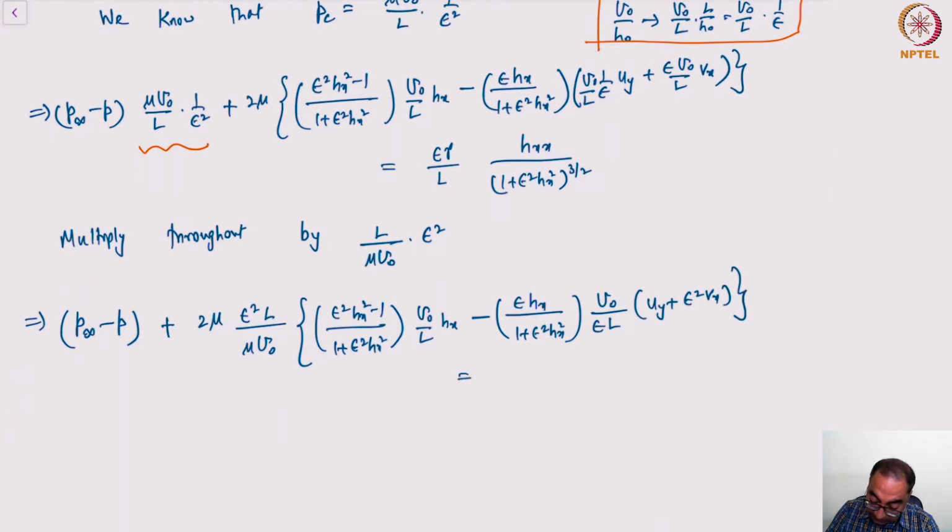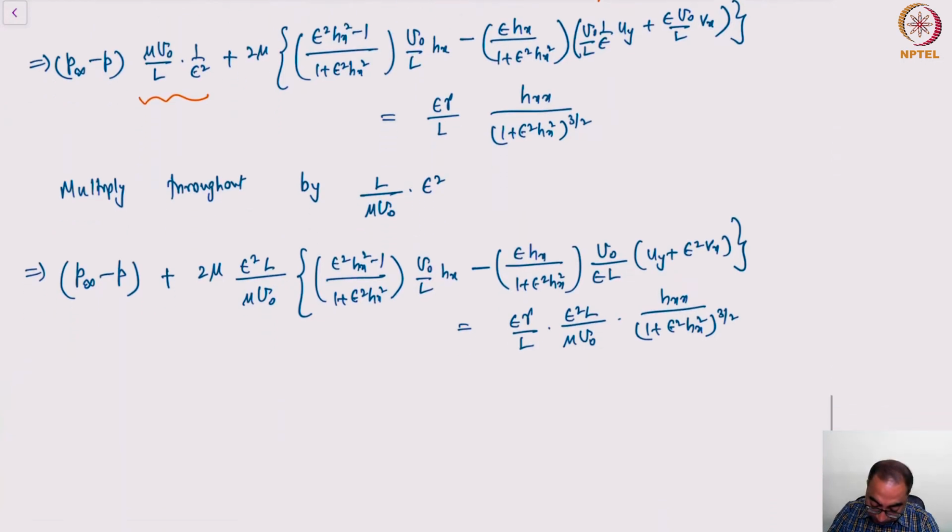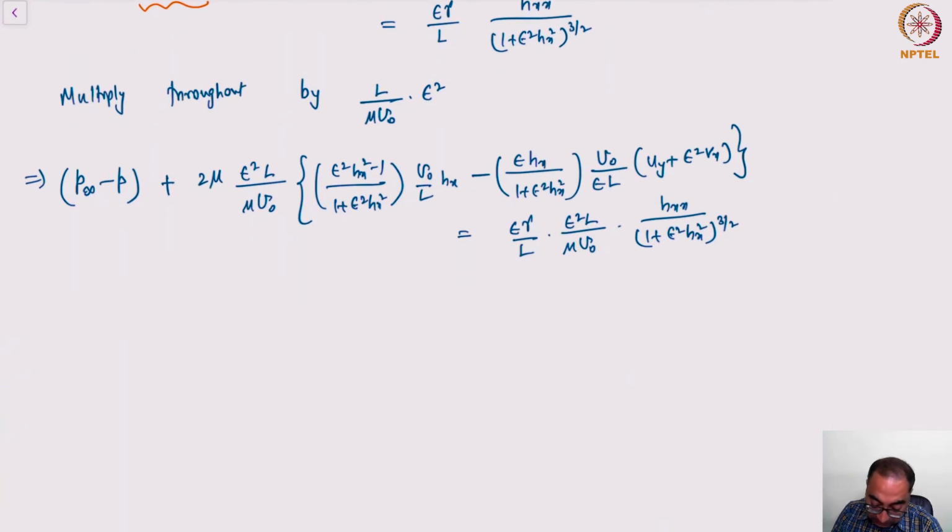and then on the right hand side I have epsilon gamma by L multiplied by epsilon square L by mu u naught times the curvature term, 1 plus epsilon square hx square whole power 3 by 2. So now I have all the terms in the equation, and so now let's do some simplification here. So straight away mu cancels out here, and on the right hand side you have L cancelling out.